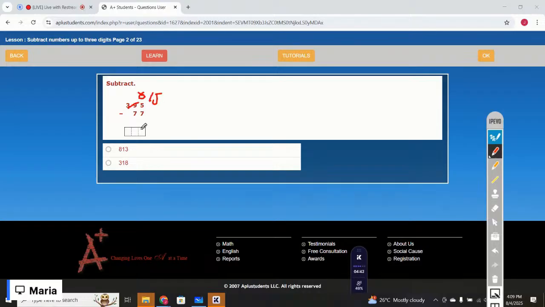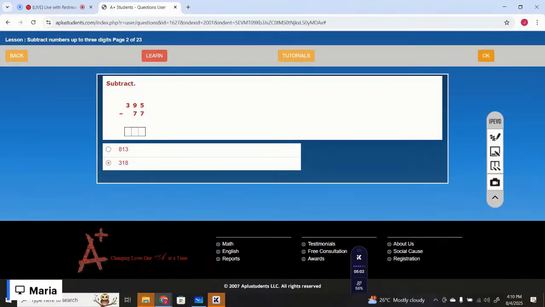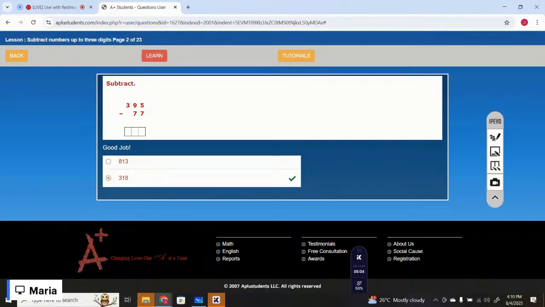So 15 take away 7 is 8. 8 take away 7 is 1 and 3. That is 318. Option number 2 is the correct option. That is 318.